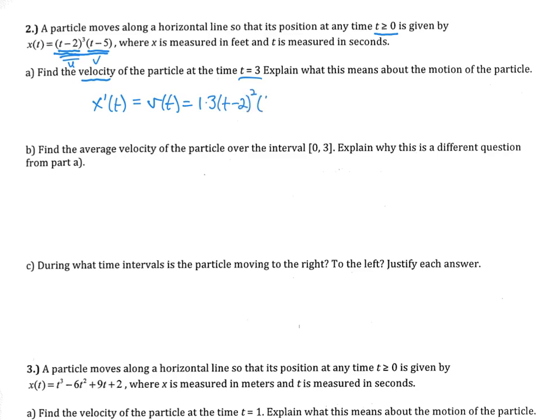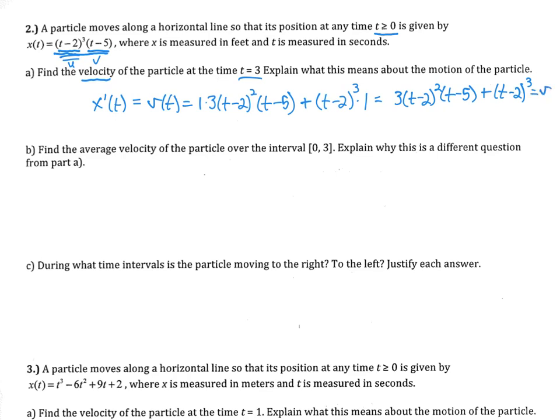And then I'm going to keep my v the same, plus, and now the other side of my product rule. I'm going to keep my u the same and multiply by the derivative of v, which is just 1. So this velocity function is better written as 3 times t minus 2 squared times t minus 5 plus t minus 2 cubed. There's my velocity.